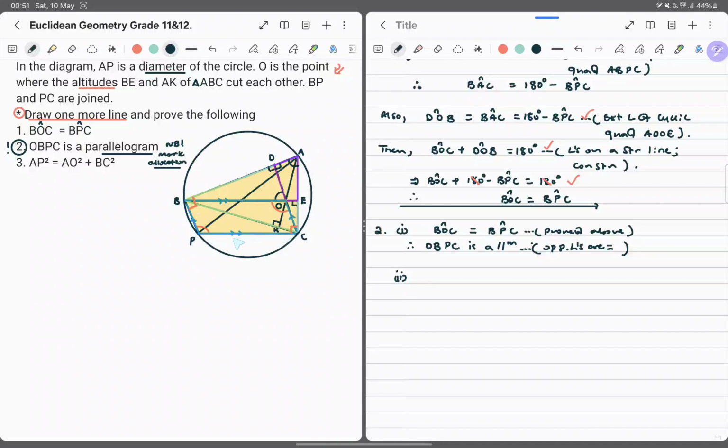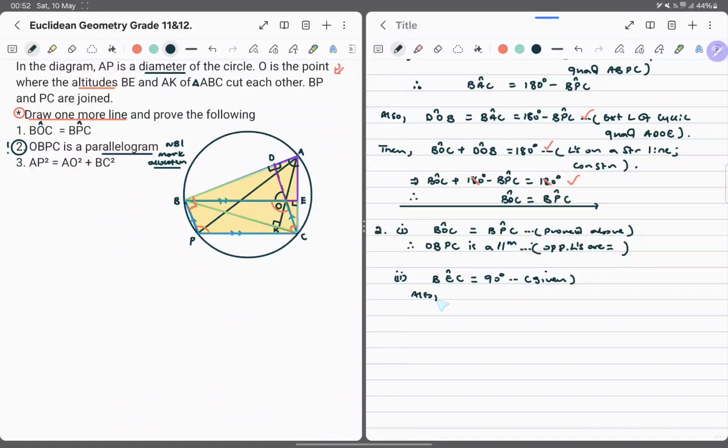Therefore, this pair is parallel. Let's start there. We know that BEC is equal to 90 degrees. It is given. It was given because the sketch gave it to us.